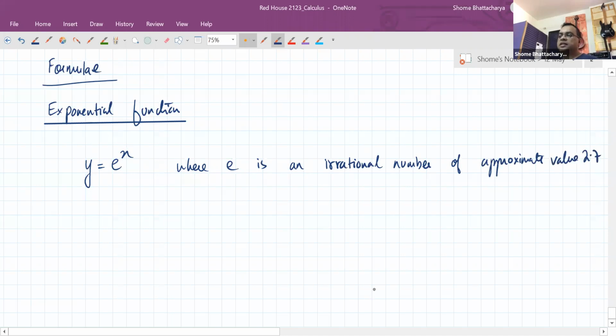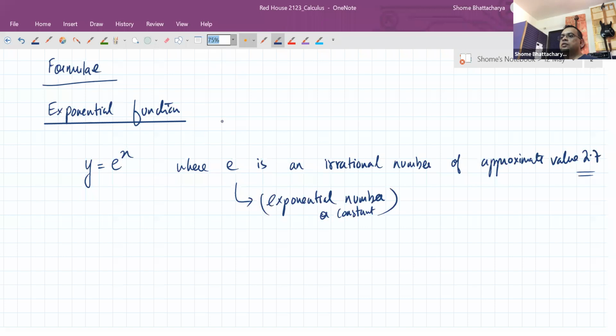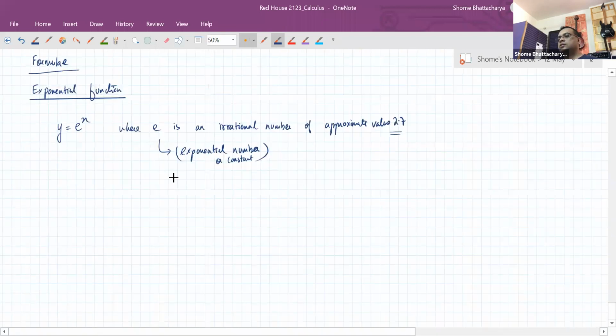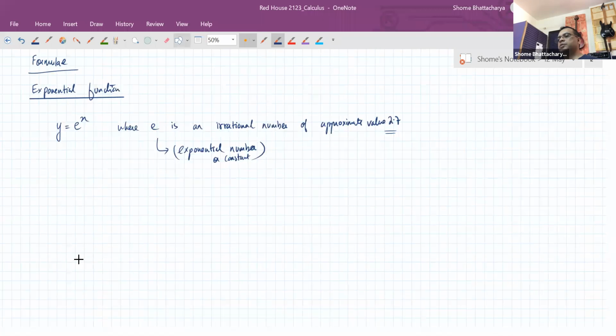Just like pi is an irrational number of approximate value 3.14, like that, e is called the exponential constant, and it has an approximate value of 2.7. So the graph of this particular function has a shape like this.